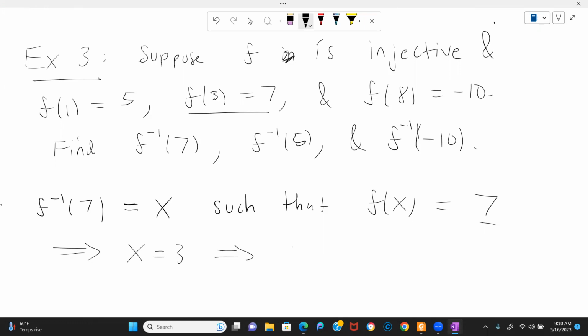And then that finally implies that f inverse sends 7 to 3. That's to be expected. They're going to swap each other. In other words, because f sends 3 to 7, f inverse sends 7 to 3. I won't go through the other ones. Hopefully it's clear that to find this, just set it equal to x and then solve for x.